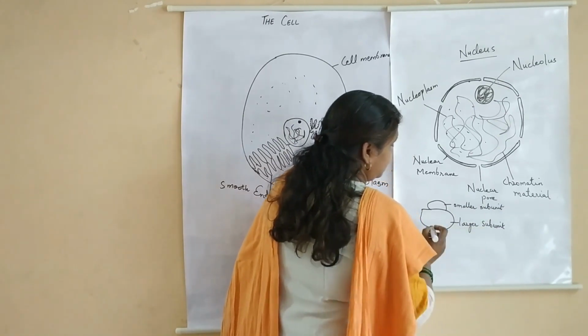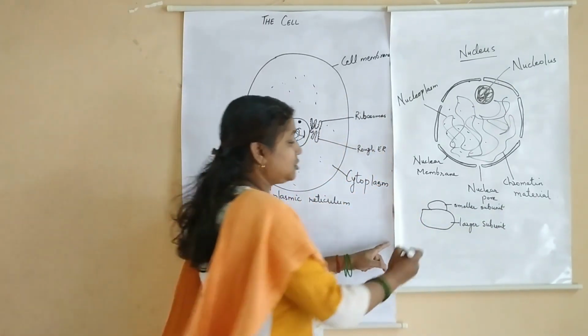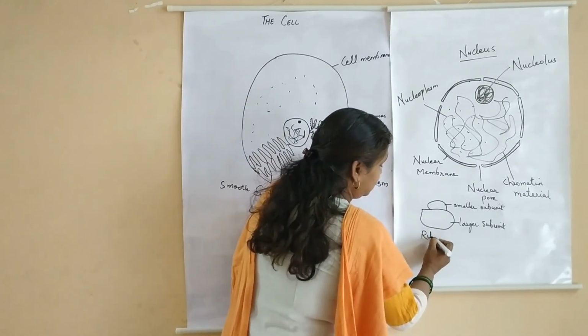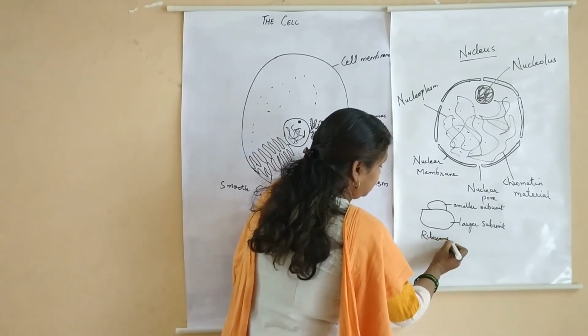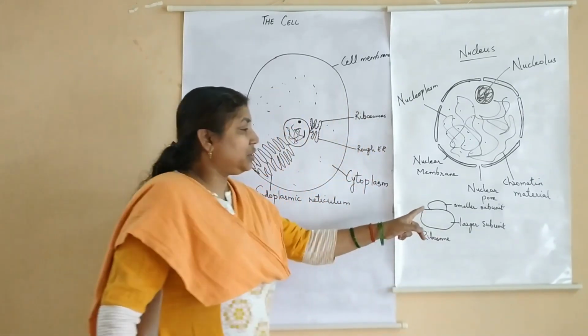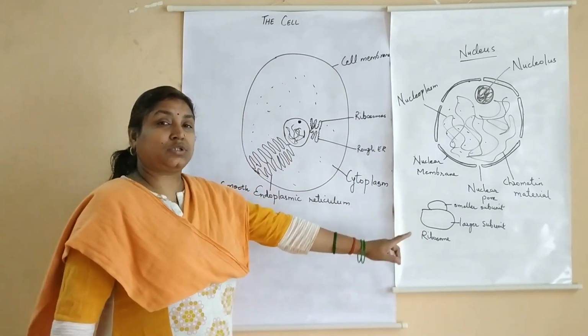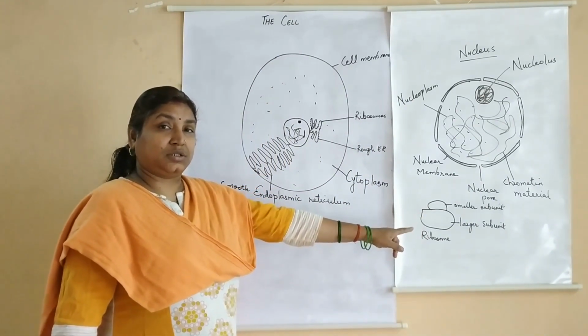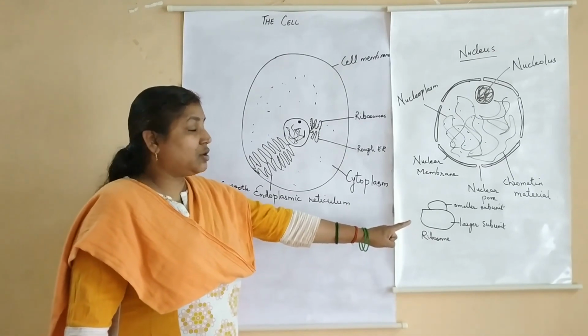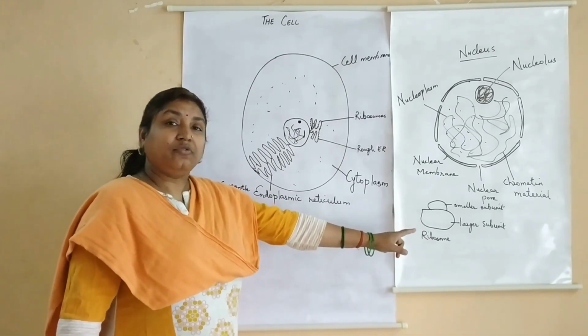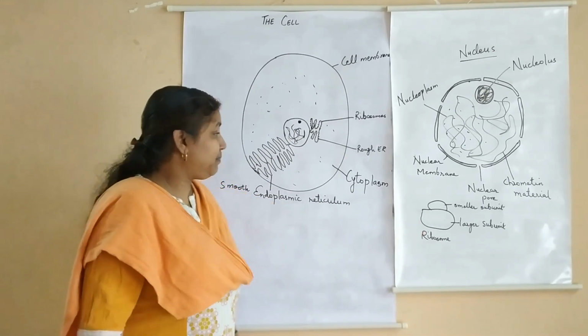The larger subunit and smaller subunit are responsible for synthesis of proteins. Hence they are also called the protein factories of the cell.